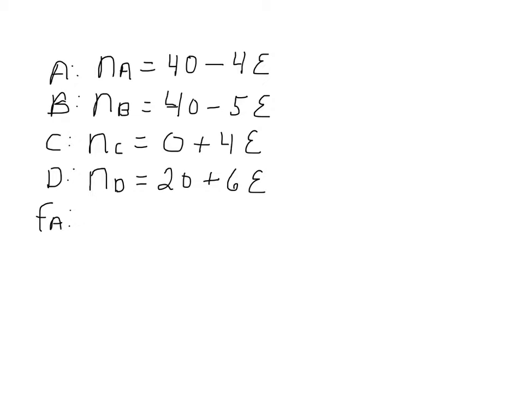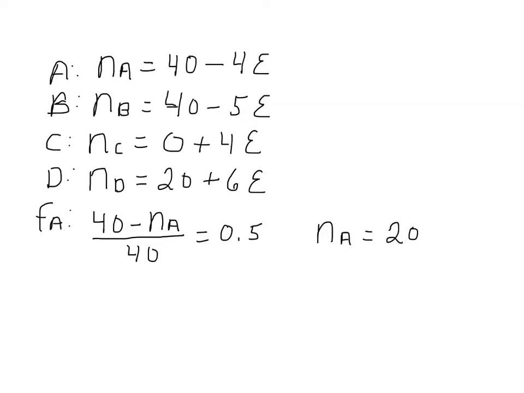For the fractional conversion, we have the amount fed of A minus the amount coming out, over the amount fed, is equal to 0.5. Now this last equation only has one unknown, so we can calculate that Na is equal to 20.